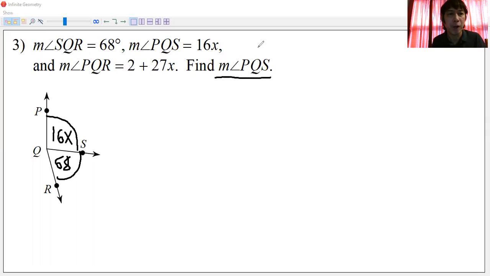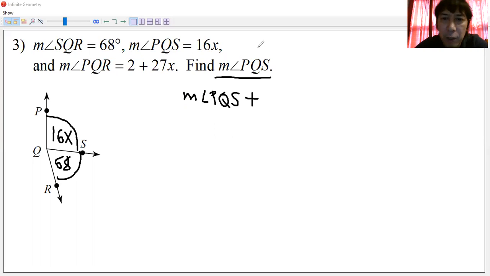All right. Now PQR, the total, is also expressed in algebraic expression 2 plus 27x. So the first thing we should do is set up the equation. We can start with the PQS angle. Okay, here's the equation. So we have the measure of the angle PQS there, plus, okay, the other angle is the SQR.